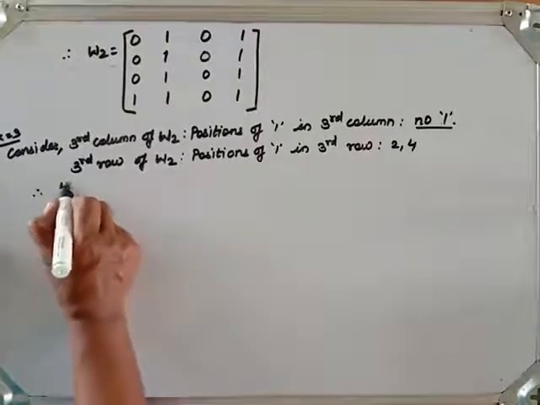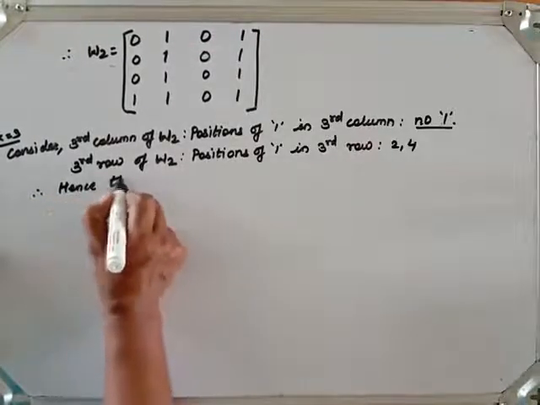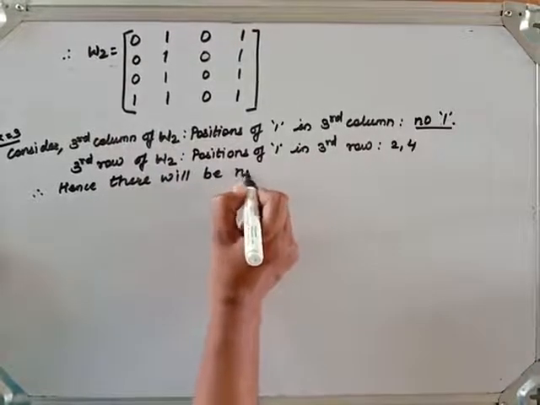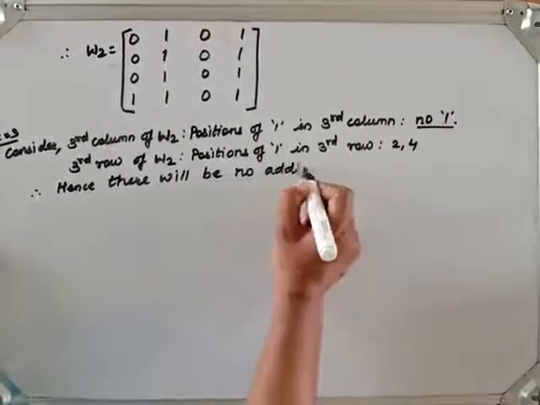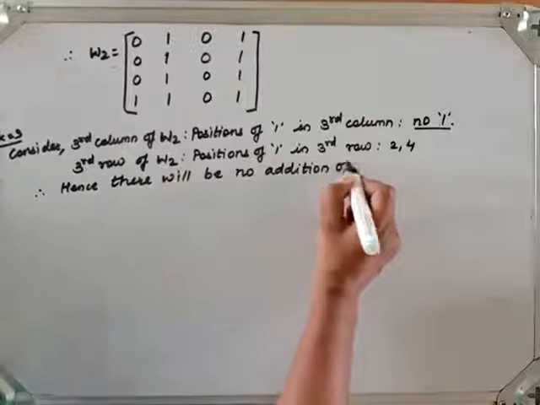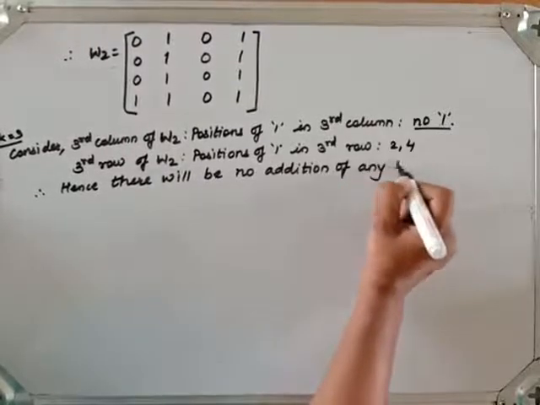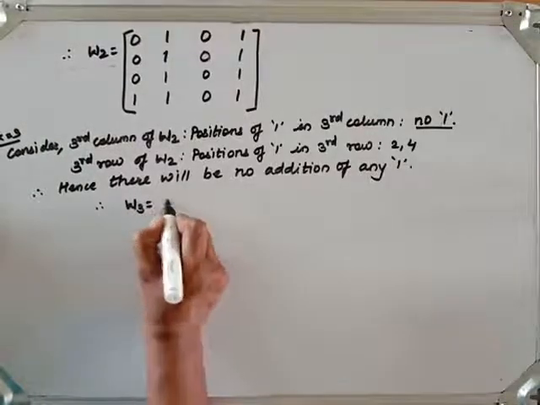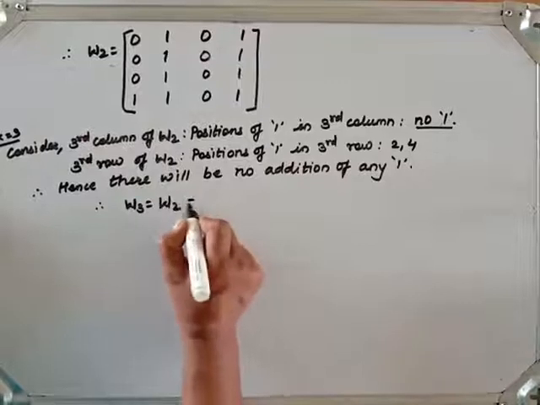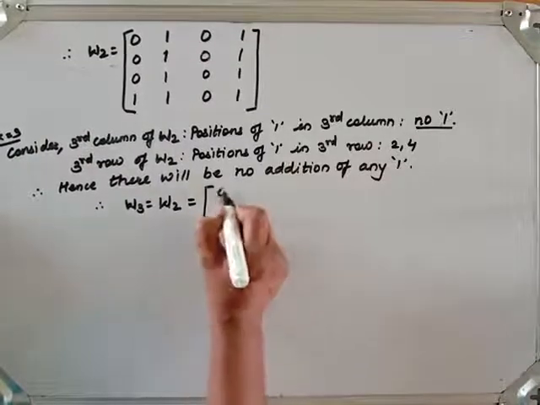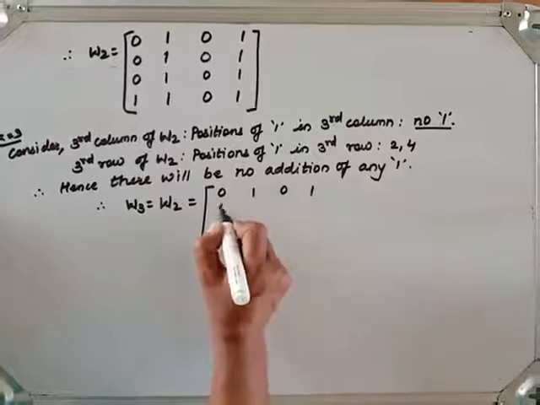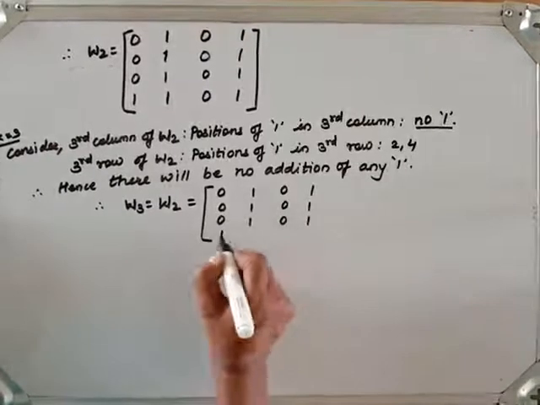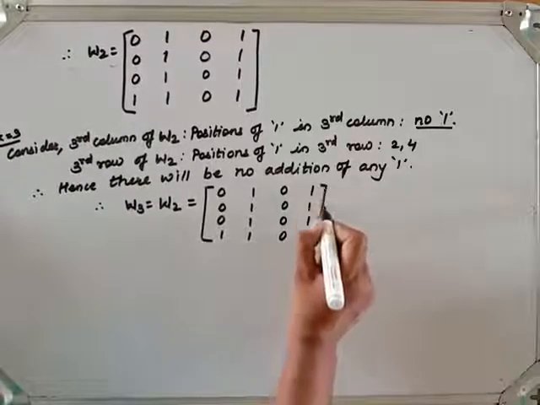Hence there will be no addition of any 1. Therefore W3 is equal to W2 as it is, which is 0, 1, 0, 1, 0, 1, 0, 1, 0, 1, 0, 1, 1, 1, 0, 1.